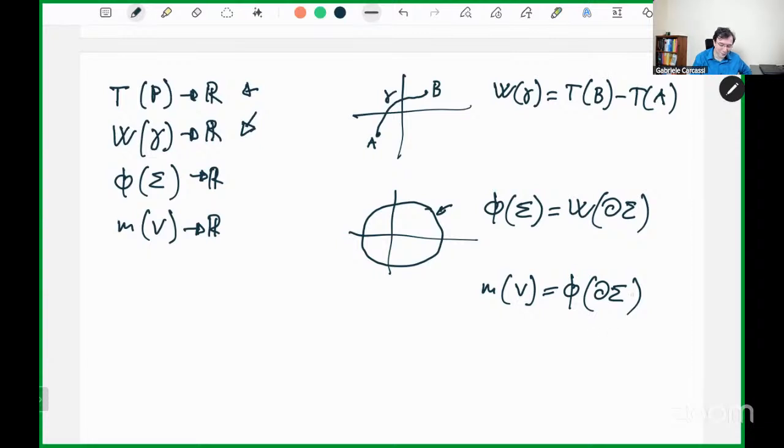Now, what's interesting is that if you take the boundary of the boundary, I think I have something wrong here, this could be the boundary of the volume, right? What's interesting is that if you do this twice, and I started with a W, now I have a W of the boundary of the boundary of the volume. Well, the boundary of the boundary is always zero. It's the empty set.